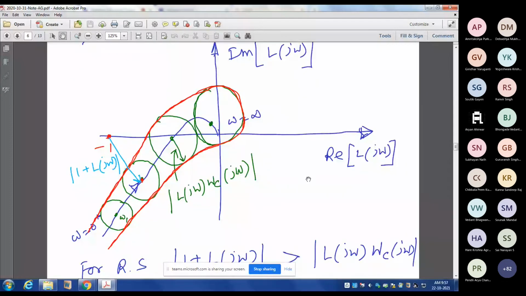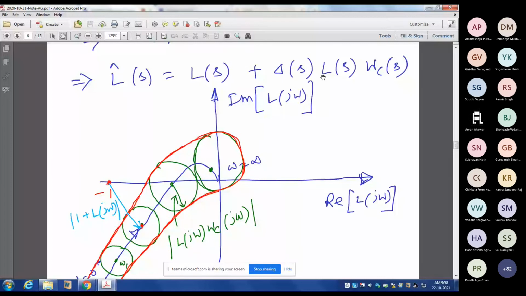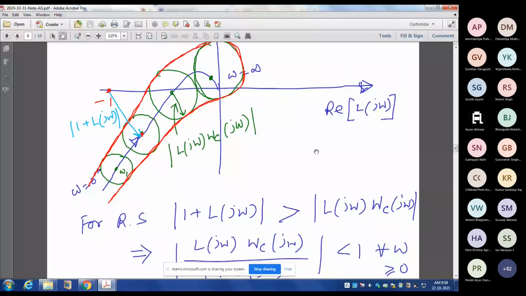The radius of the disc is |WC(jω)| times |L(jω)|. So for robust stability, what condition should you have? The radius of the disc should be less than this distance.